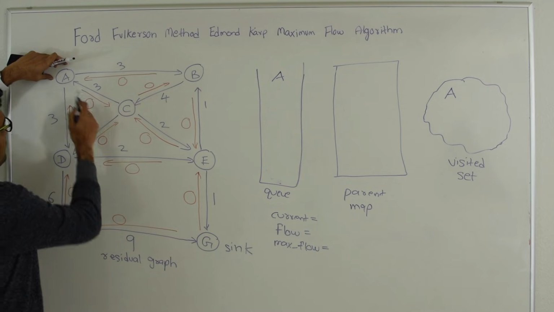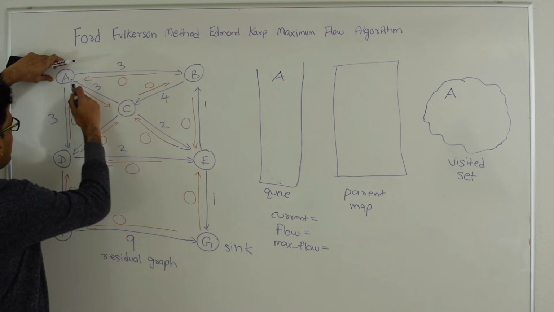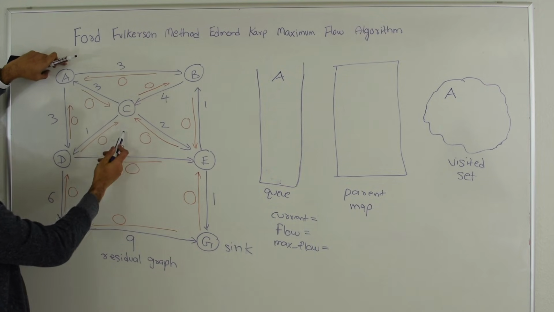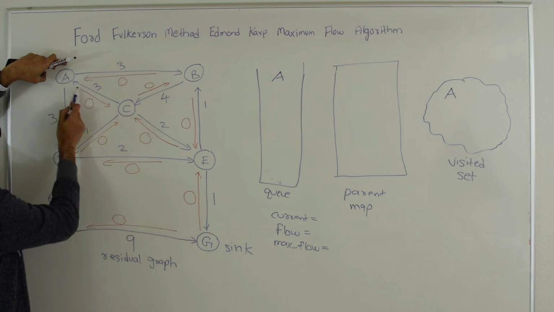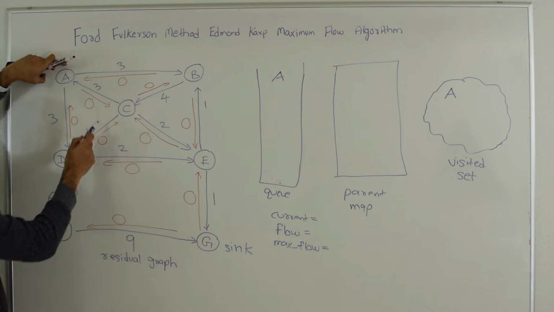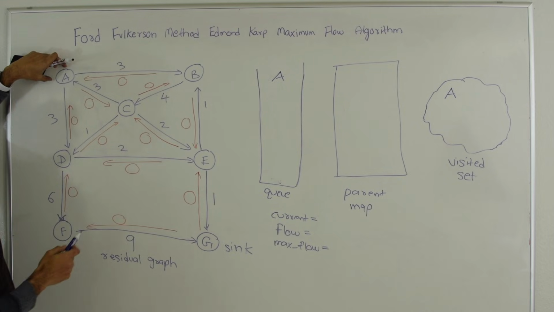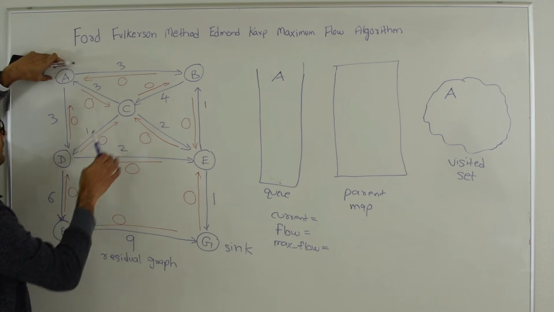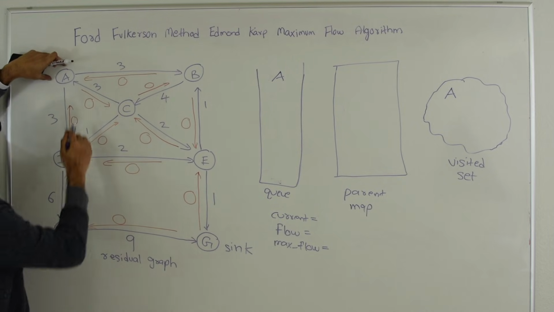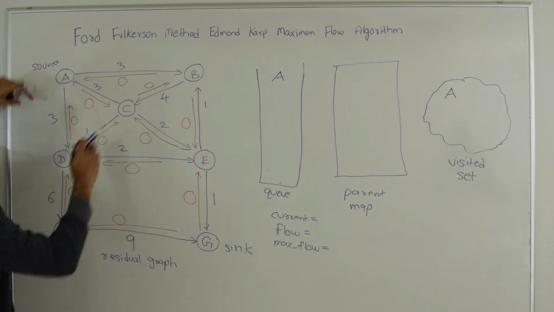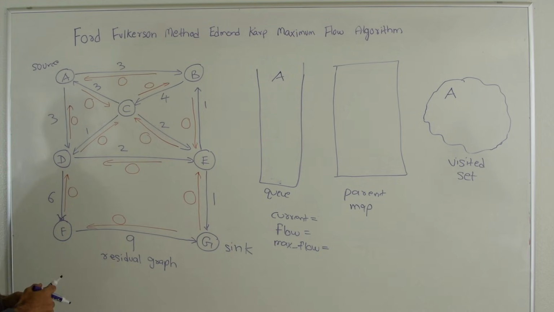So here A has 3 neighbors, B, D and C. C is also considered a neighbor of A because there is an arc in this direction, although the capacity on that is 0. So we are looking for neighbors who are not visited and whose residual capacity is greater than 0.